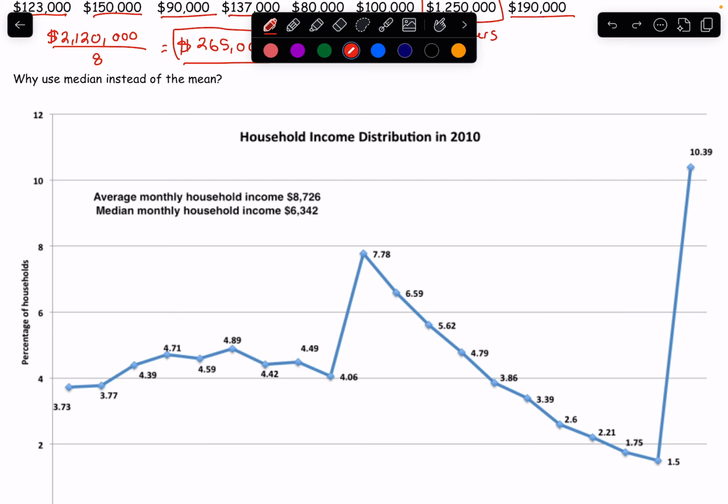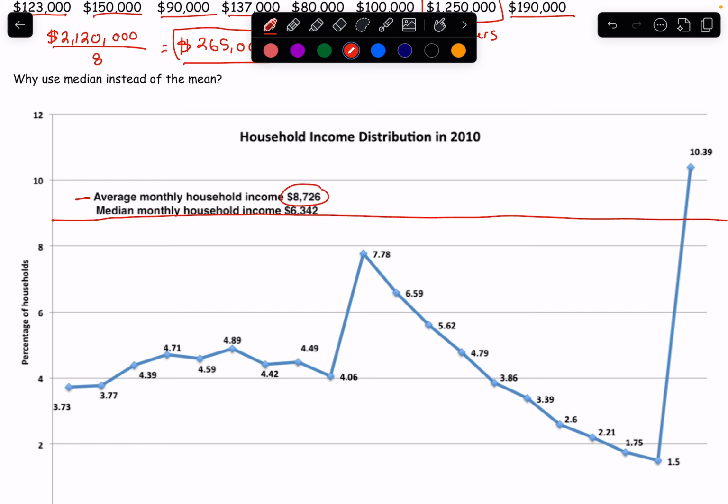Now, when you look at this, it says that the average monthly income is $8,700. But when I look at this diagram, 8,700 is right about here on the graph.